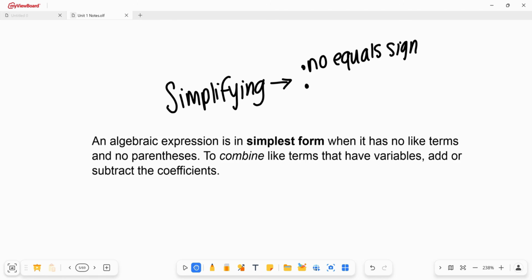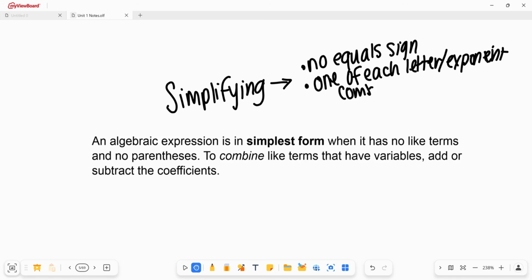They're combined down into one thing. So you could say one of each letter left.